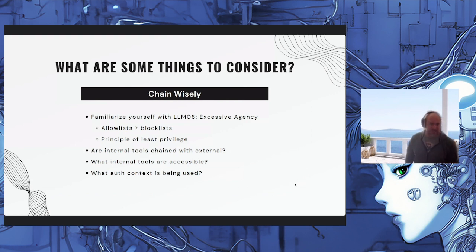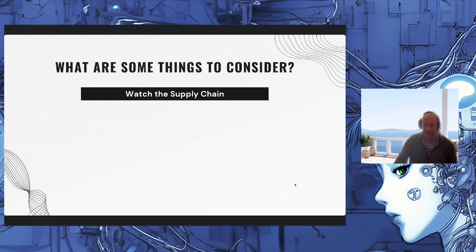And then what auth context is being used? Are you impersonating your user? Are you using a service account? If you're using a service account, is that elevated beyond what a user priv would be? Is there a potential for privilege escalation there? Just some things to think about as you're building one of these tools.